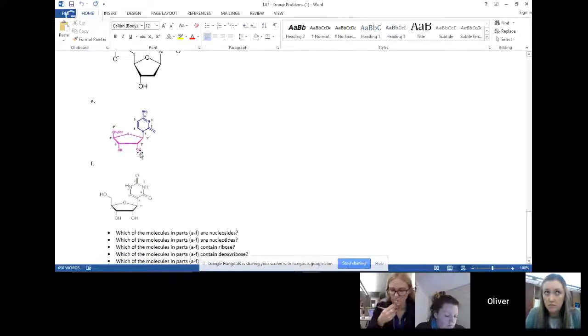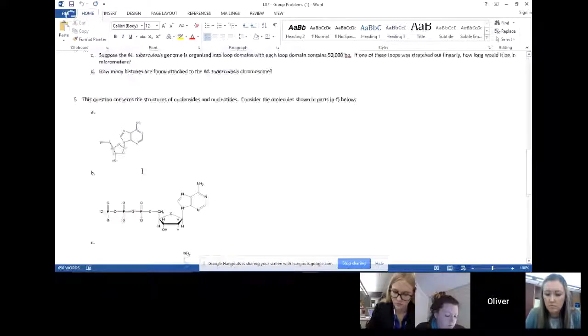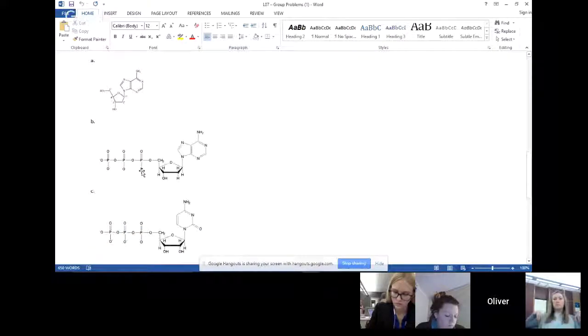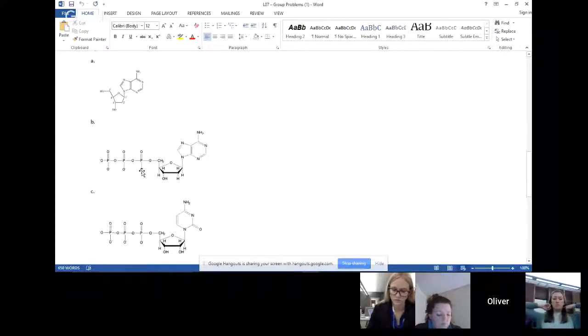If it has an OH, it's ribose. If it does not have an OH, it is deoxyribose. That's the deoxy. So for ribose, on the 2 carbon right here, F, E, and C all have an OH, a hydroxyl group. So those are all ribose.